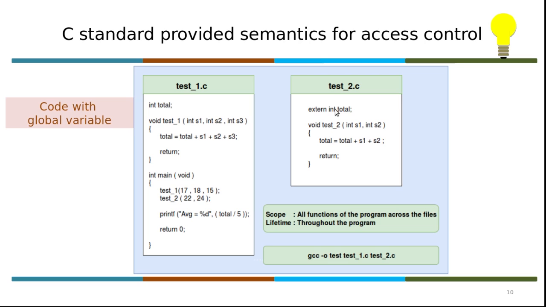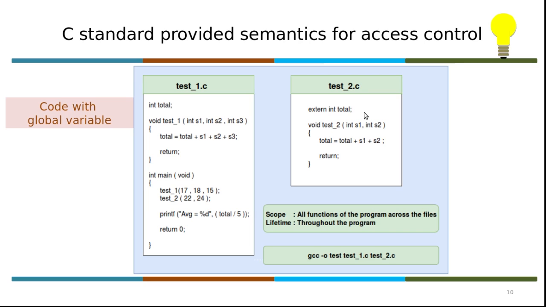We have used total in all the three programs, declaring it only once here and using it in the other files with extern. So storage space is only allocated once by the compiler, and when it sees extern, it also tells the compiler not to allocate storage space in the compiled object file.